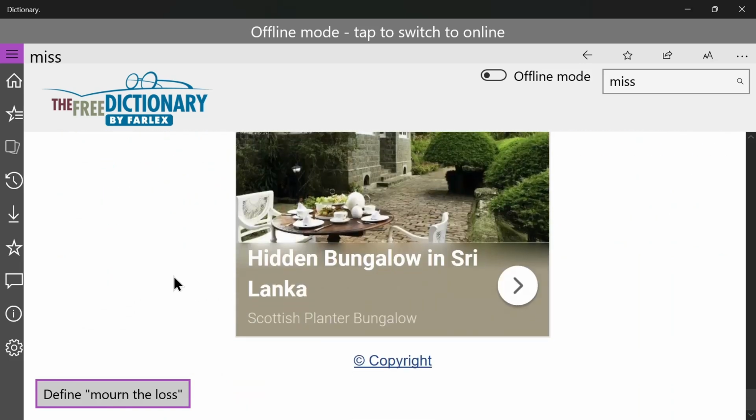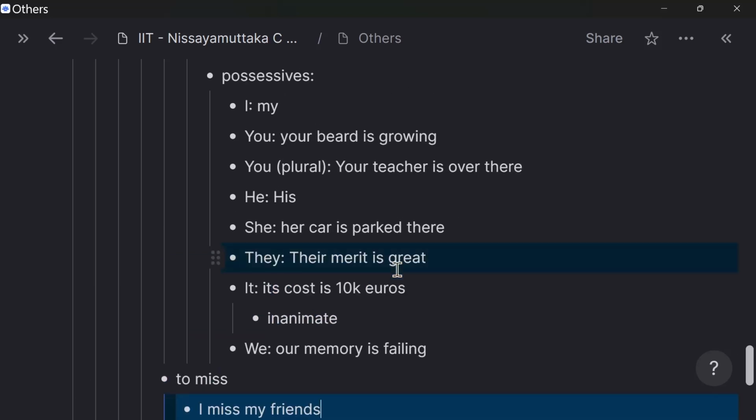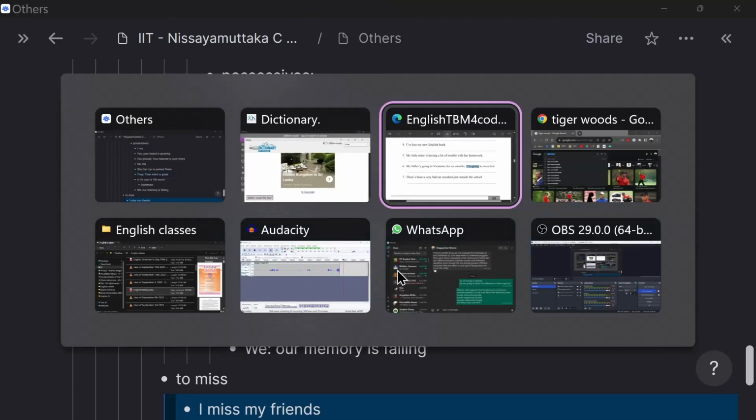There is no substitute for this word. In this sense, you have to say, I miss my friends, for example. Okay. What else? This was to miss.